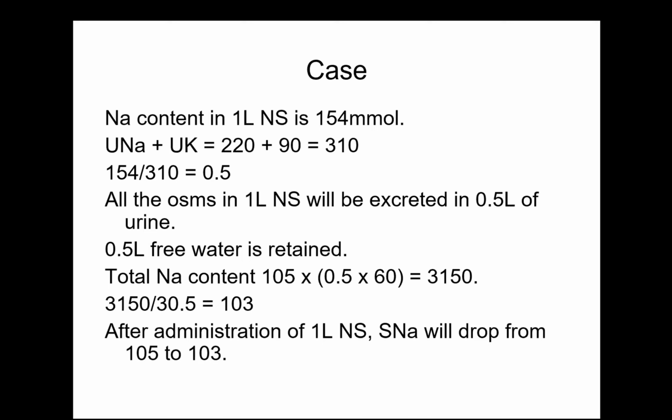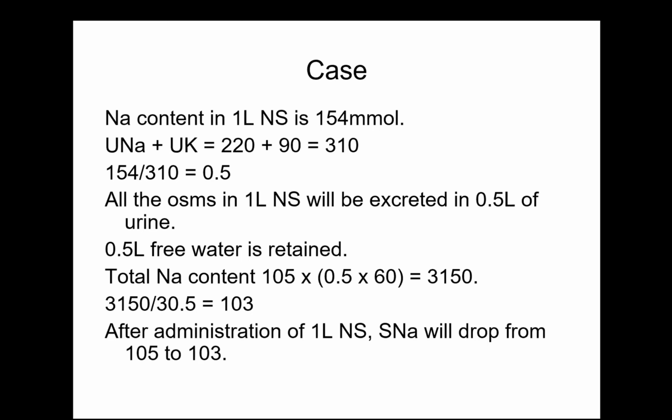Now, we did not change the total sodium content of the body, right? We said we gave 154, but all of it came out in the urine. So the original sodium content we have is 105 times the patient's total body water, right? That was her starting serum sodium, 105 times 30, and this gives us her total sodium content was 3,150.